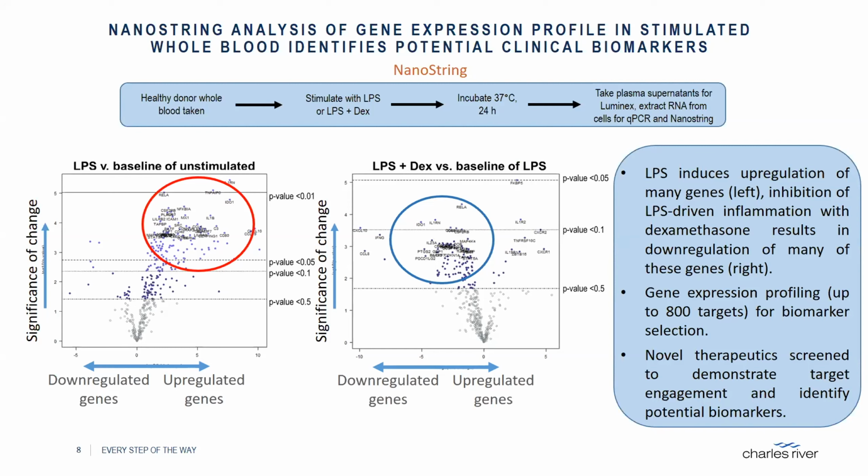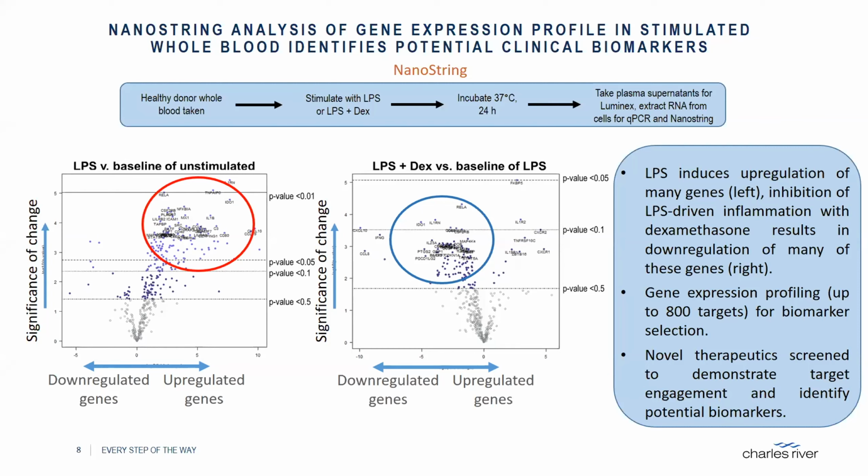So the graphs on this slide are volcano plots with a kind of characteristic V shape. For any given biomarker or analyte, it's plotted in the graph with an upregulated gene being shown on the right of the plot, and downregulated genes are shifted towards the left. And the higher up the y-axis a point falls, it means it's a higher significance of change. So on the left-hand plot, those genes within the red circle are those which have been highly upregulated in response to the stimulus.